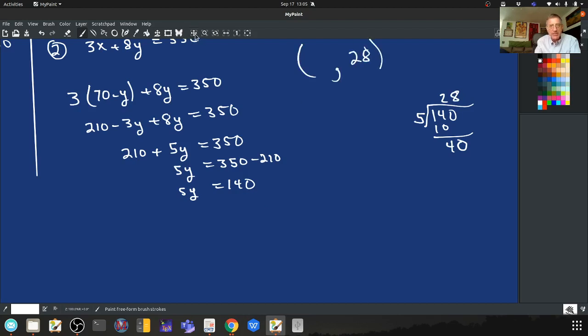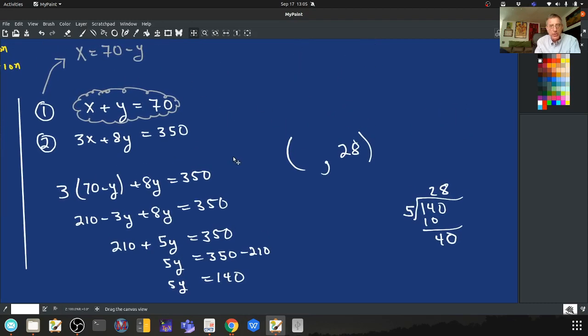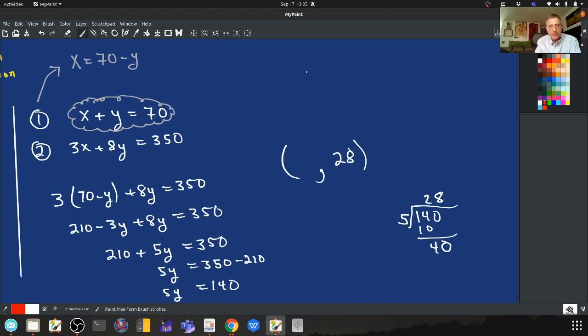What is my x value? Well, x is equal to 70 minus y, which is equal to 70 minus 28, which is equal to 42.